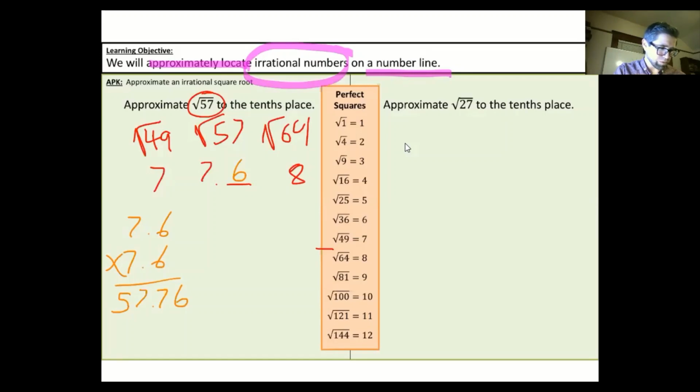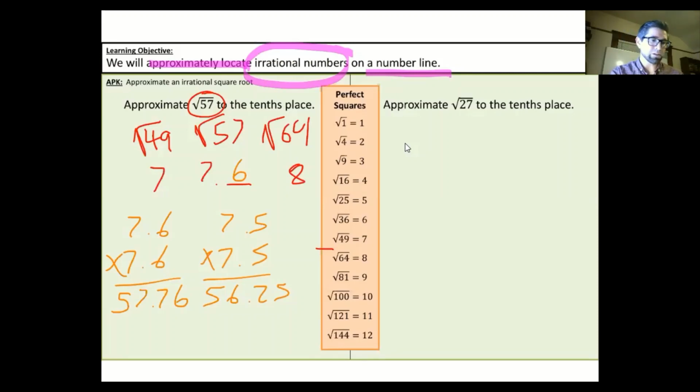So if 7.6 was above the square root of 57, then my next guess should be 7.5. So 7.5 squared, when I multiply those together, I'm going to get 56.25.